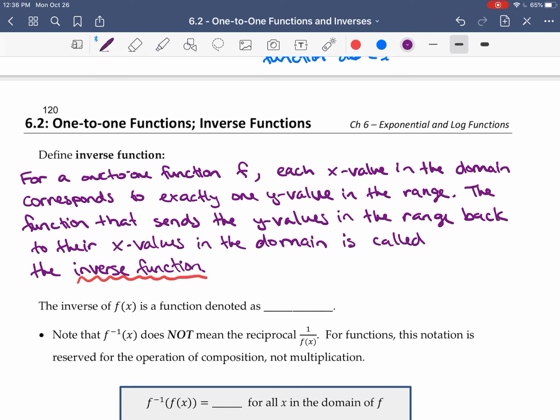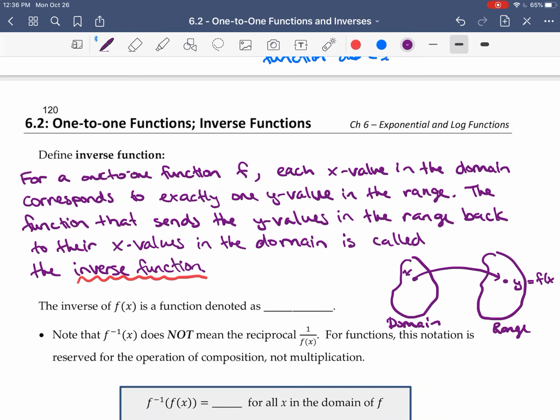If you think about it in a picture, we have the domain and the range, and f is one-to-one. Let's say that this point here is x. f sends this to y, which is some f of x.